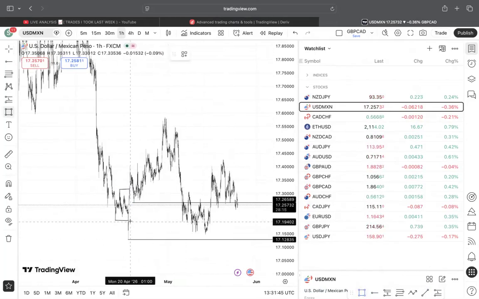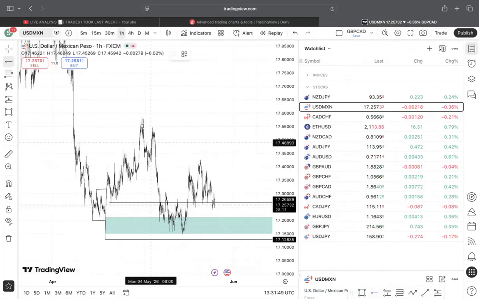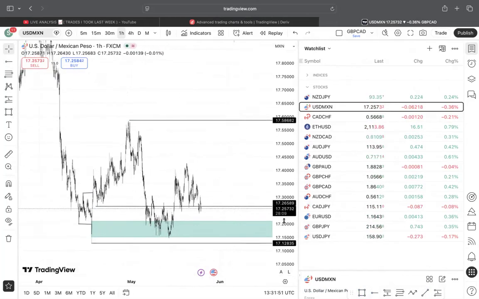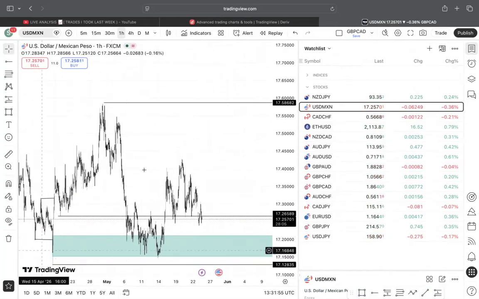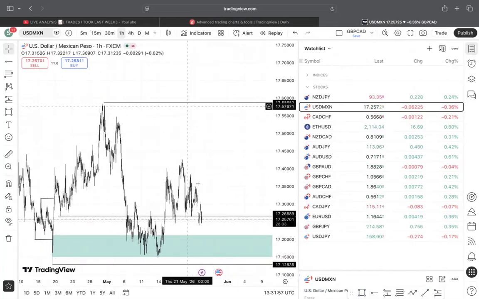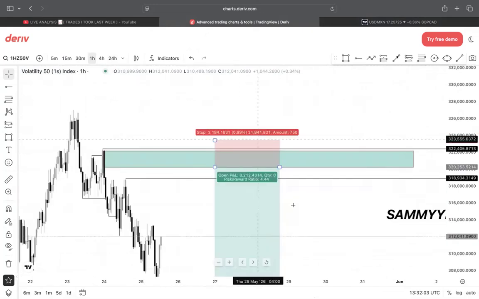So this is our POI, and then this is our target. So you can still look out for re-entry options with this setup, and then you can enter for a buy down to this place. So we're basically waiting for this.